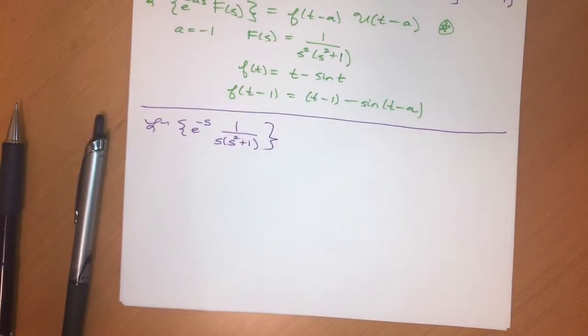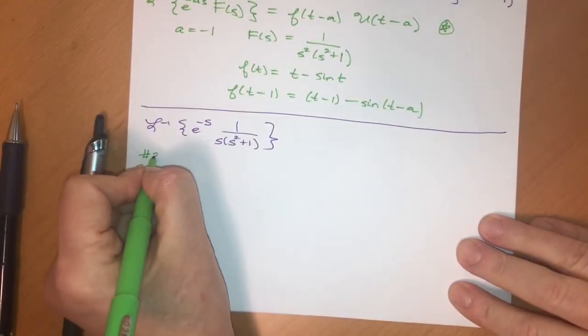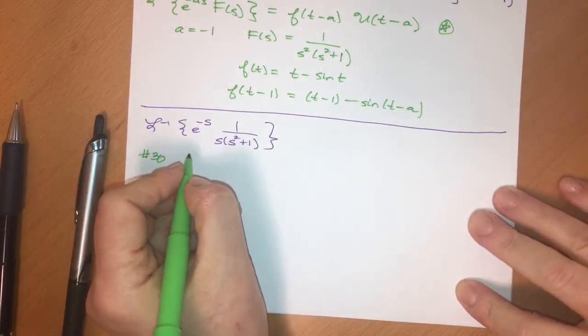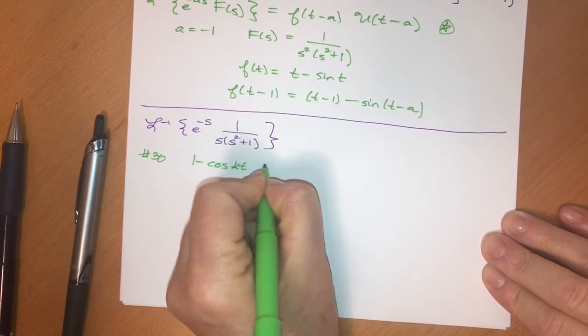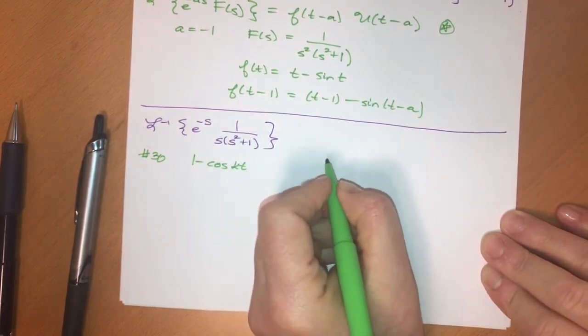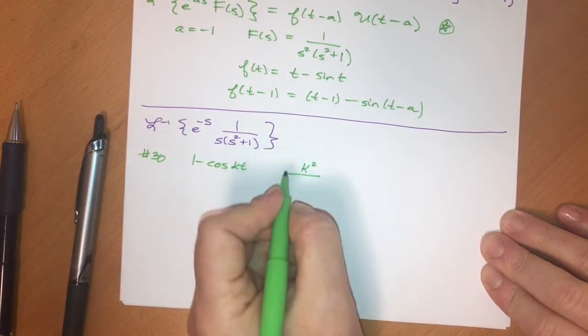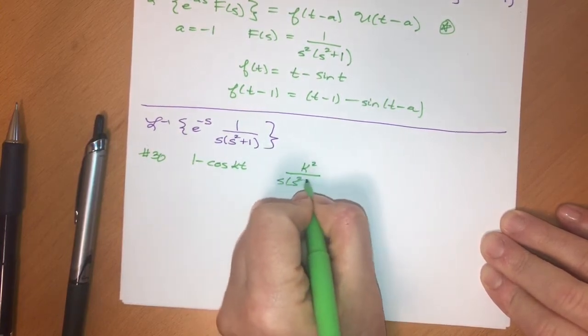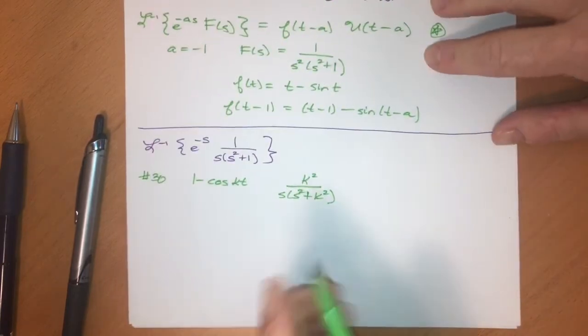So that's form 30. And we get k equal to 1 again.